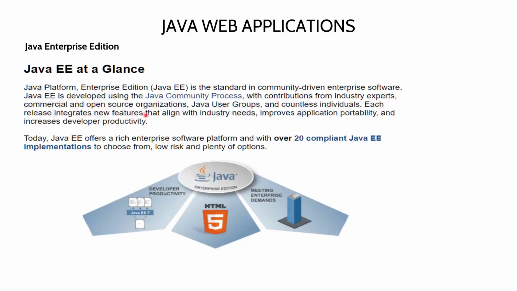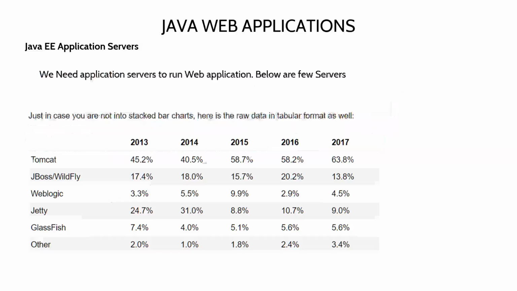Today, Java EE offers a rich enterprise-level software platform with over 20 compliant Java enterprise implementations to choose from. There are lots of options and the quality is very high. So if you get a chance, please look closer at the Java Enterprise Edition.